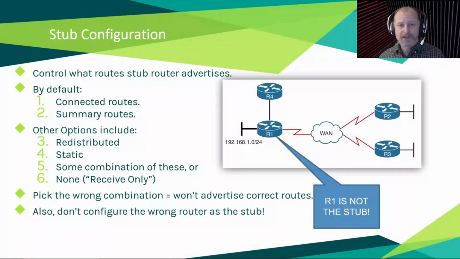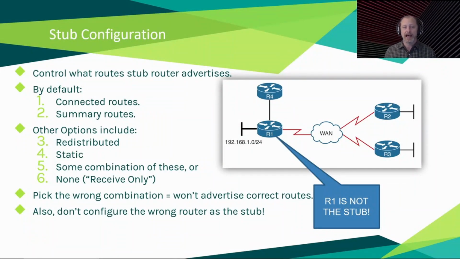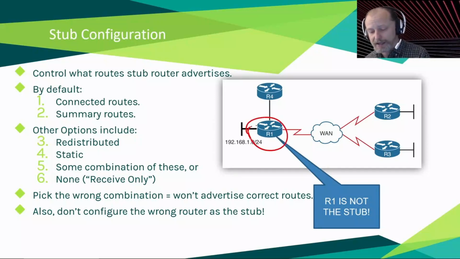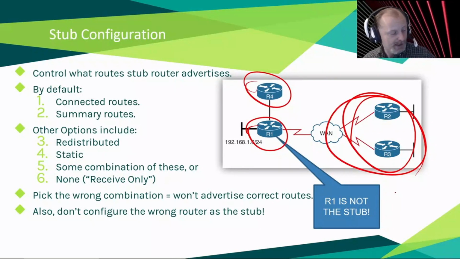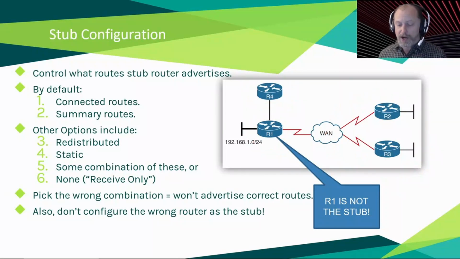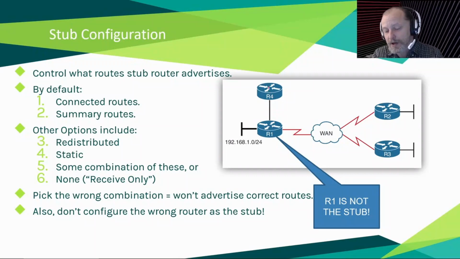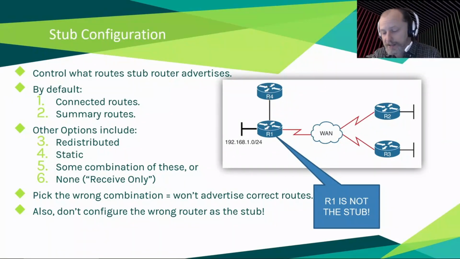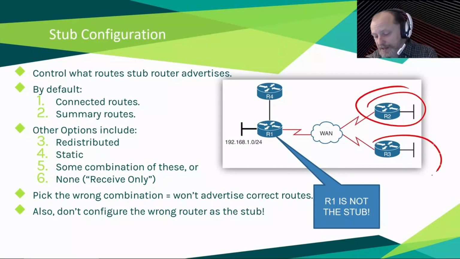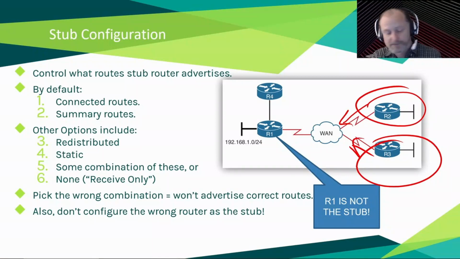For example, if R1 was configured as the stub, R4 would never learn about the stuff over here. Okay, because R1 is not a stub network, you can draw a line through it between two routers. Okay, so this should be a stub and this should be a stub. One way in, right? One way out.